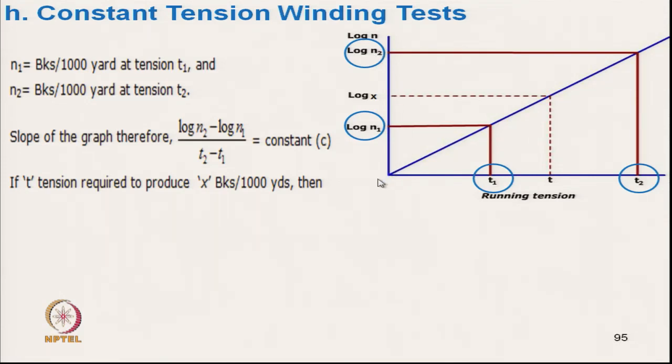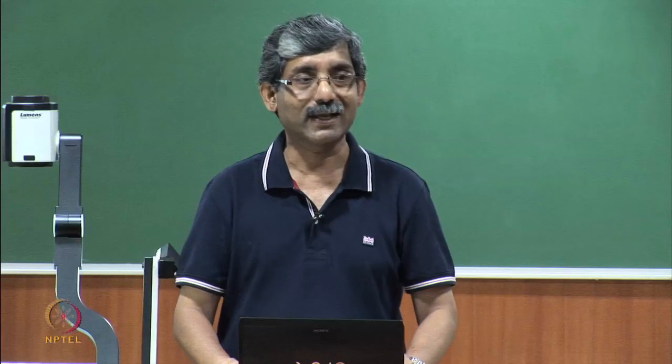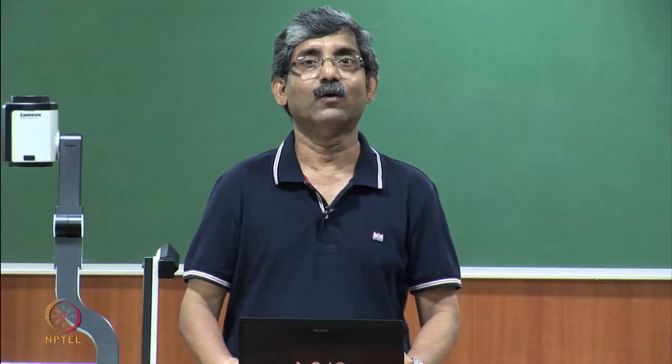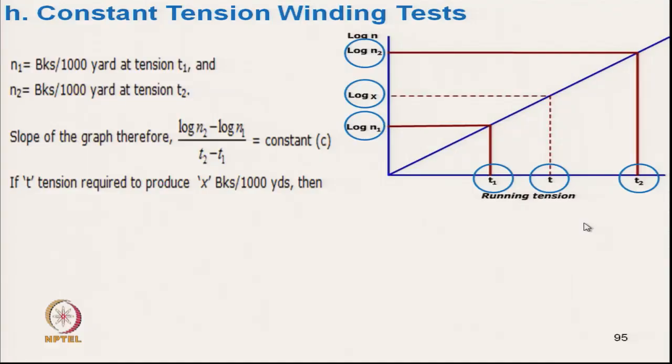Now, if we plot a straight line, from there we can get any unknown value. So, in that case we can actually predict the number of breaks at a given tension.